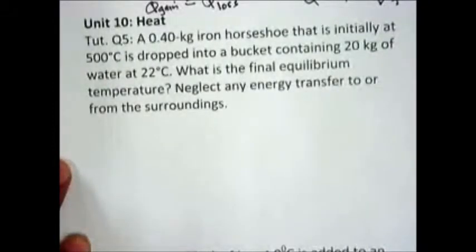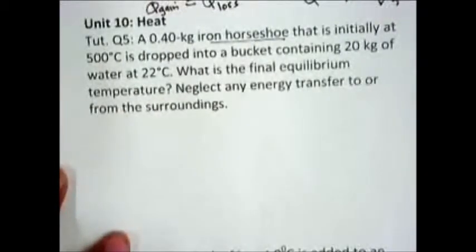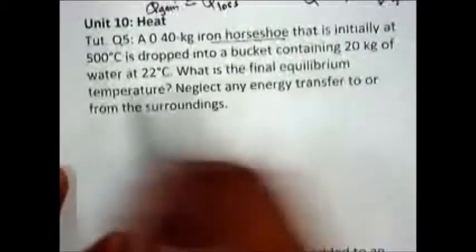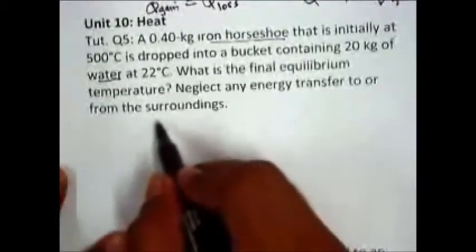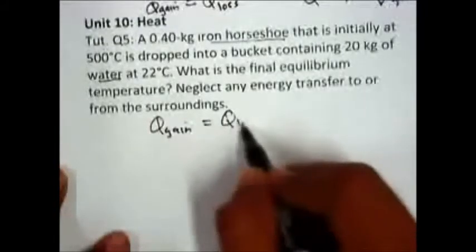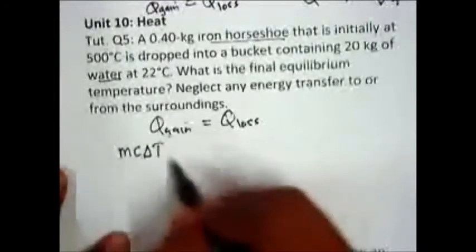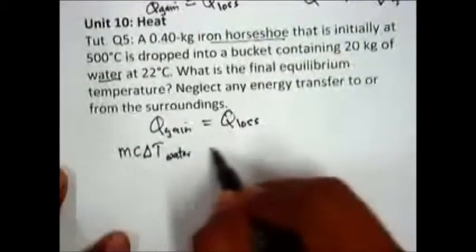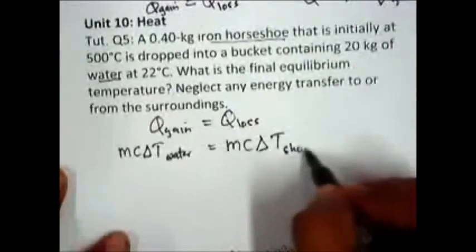So if there is no heat loss to the surrounding, the Q lost by the horseshoe is equal to the Q gained by the water. When we do Q gain equal to Q loss, we'll have mc delta T of the water being equal to mc delta T of the horseshoe.